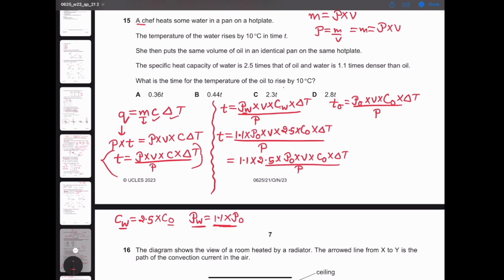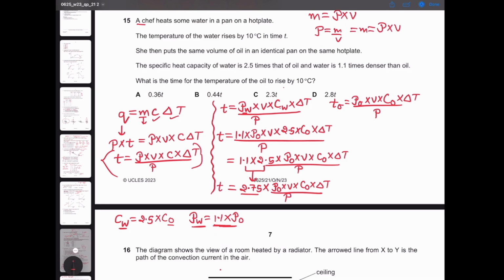Right? Now, if you multiply these values, 2.5 times 1.1, this is coming out to be 2.75. So 2.75 into density of oil into volume into specific heat capacity of oil into delta T by power is the time taken.